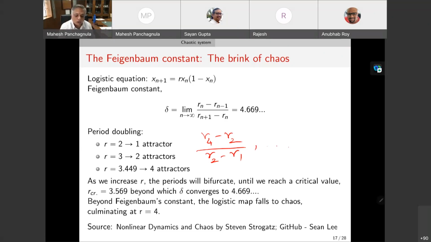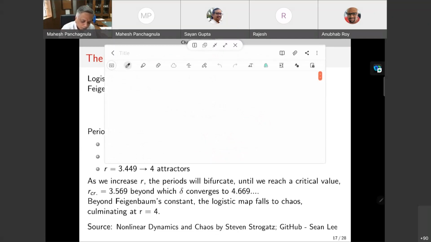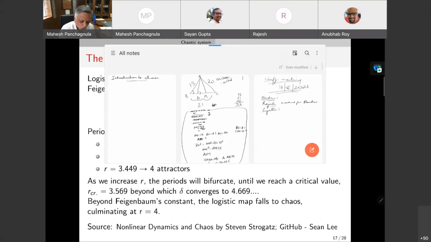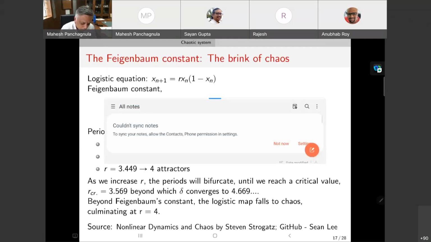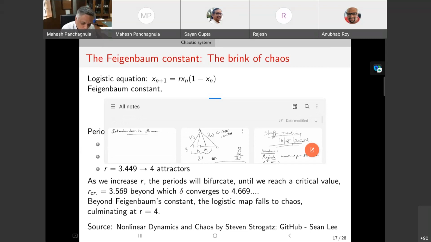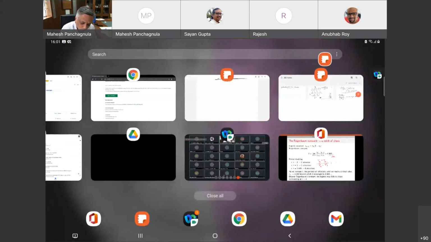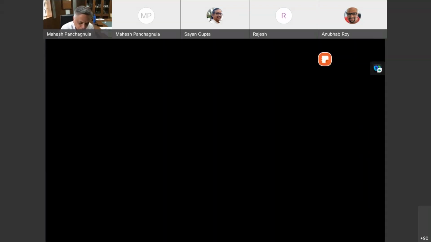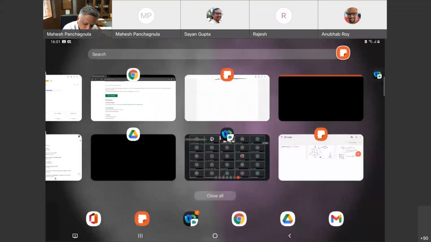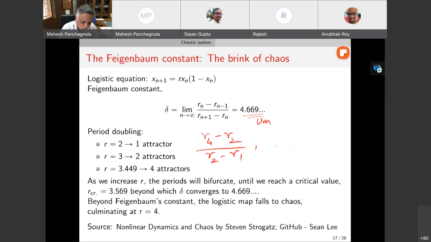This evolves to a constant. This is a universal constant known as the Feigenbaum constant.